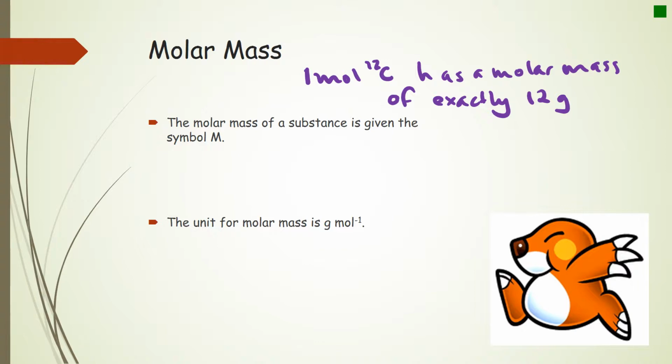Now, the molar mass of a substance has a symbol big M, and it looks very similar to the one that we looked at last year, which was the relative molecular mass or the relative atomic mass. And remember, they have no units because they're a comparison to carbon-12, but this one does have a unit because it is based on how many grams per mole.